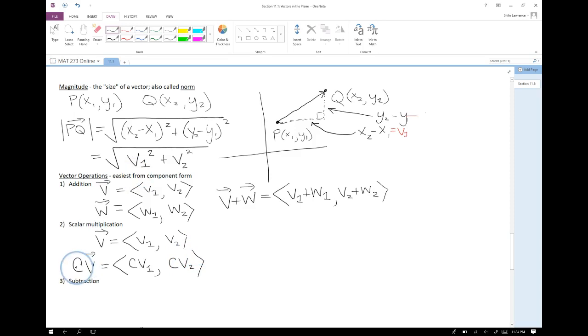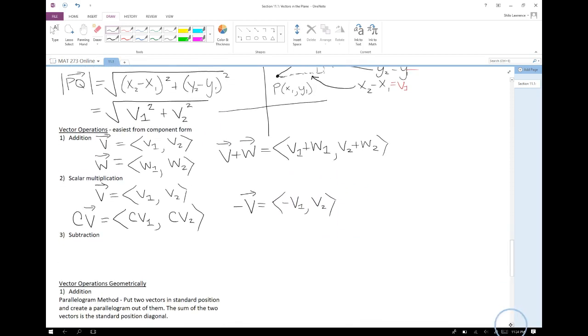And then if c was a negative, just as an example, if I wanted to find negative v, I would distribute a negative into my components, and I would get negative v1, negative v2, and that we need to use in order to do subtraction.